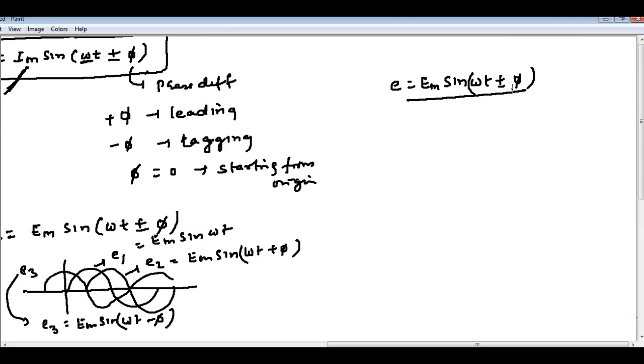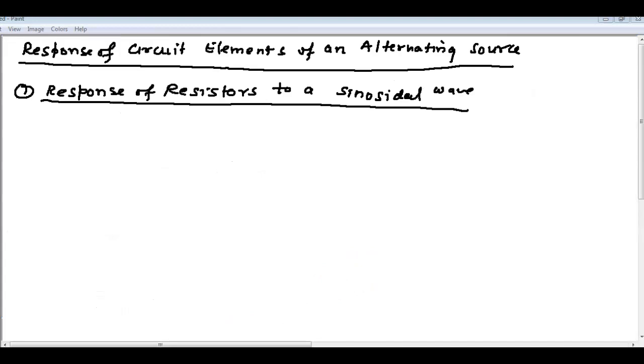So this is about the phasor diagram, and this is also important. Next, the derivations: response of circuit elements to an AC source.